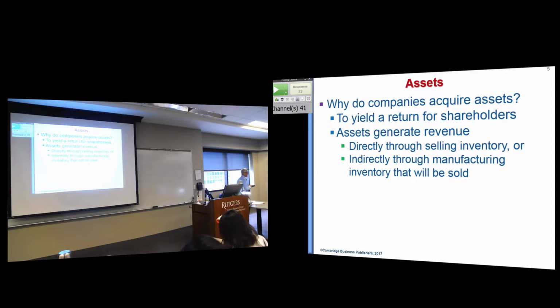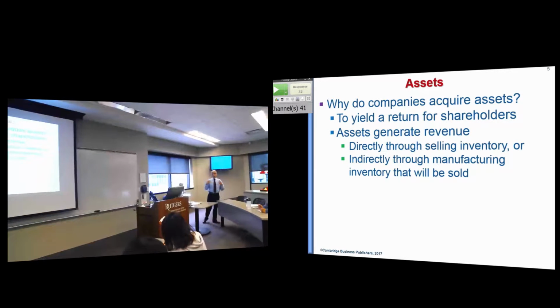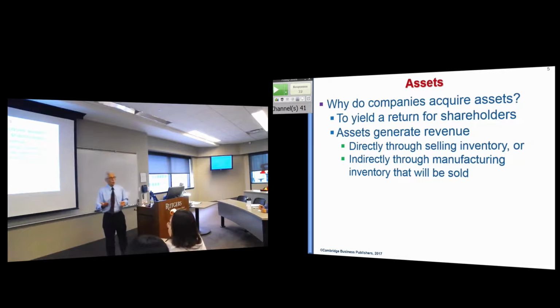So assets are basically designed, when we look at economic benefit, to generate revenues either directly or indirectly. A direct use of an asset is when you sell inventory. Indirect use of the asset is when you use the asset to either provide a service or maybe manufacture another product.